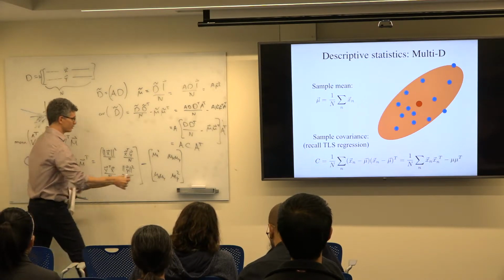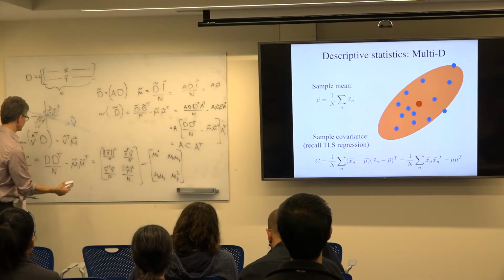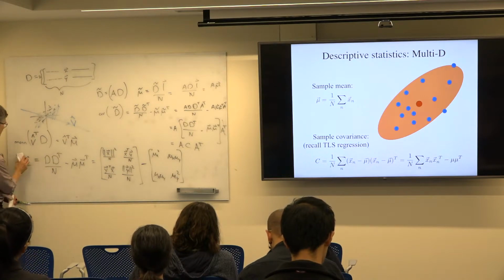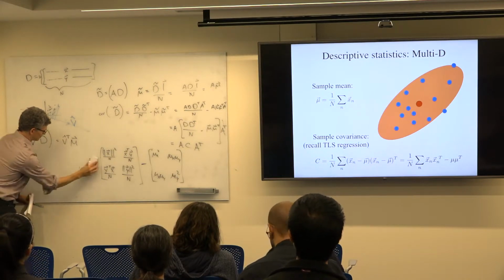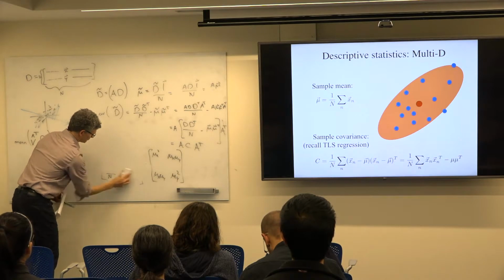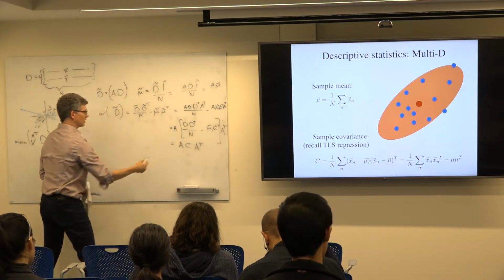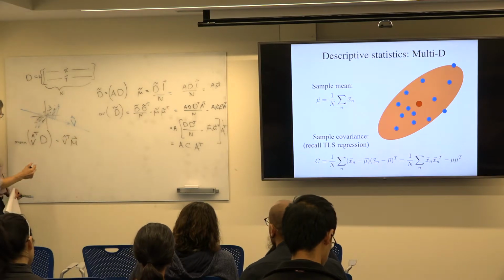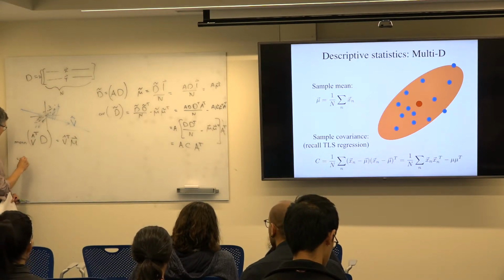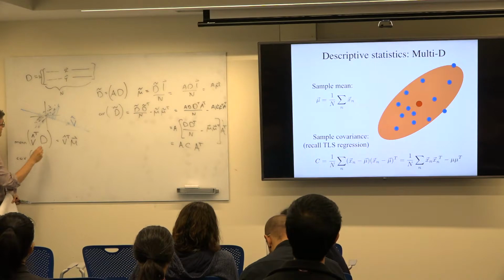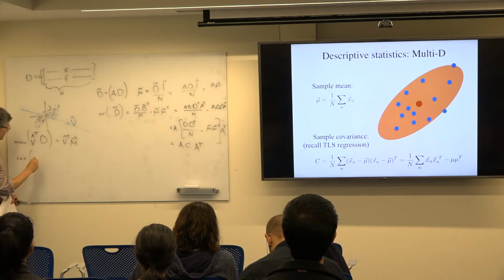Okay, what about the new covariance? How does that transform? Well, there's the rule, right? Covariance of the data splattered onto this line is just the covariance of this.